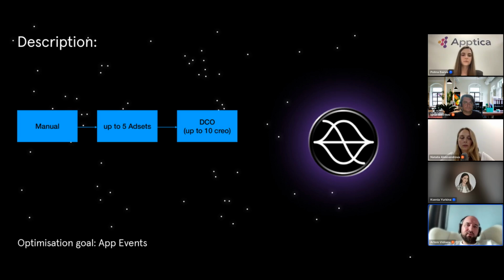Now you can use flexible ads, but I don't suggest you to use it for creative testing, because in a flexible ad you can't see performance of each creative. It's like a DCO, but in DCO you can break down by creative. But in flexible, you can't do this.